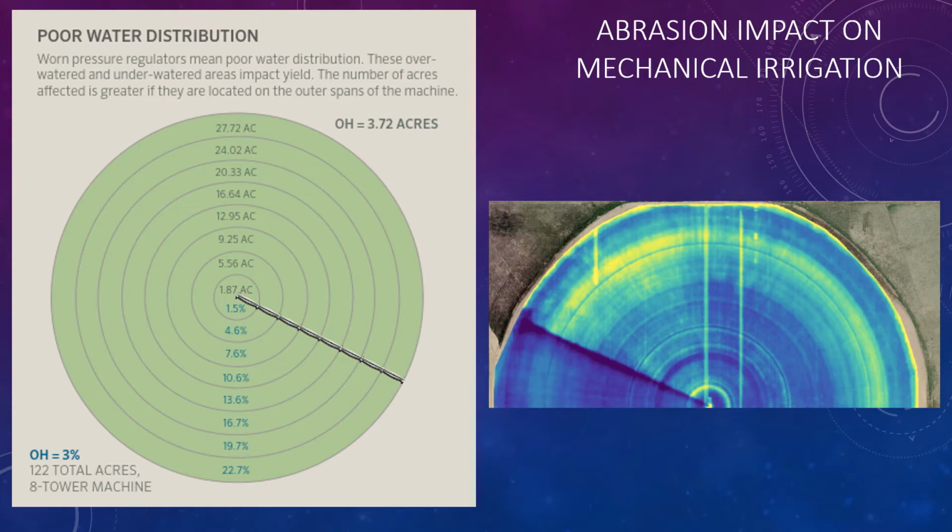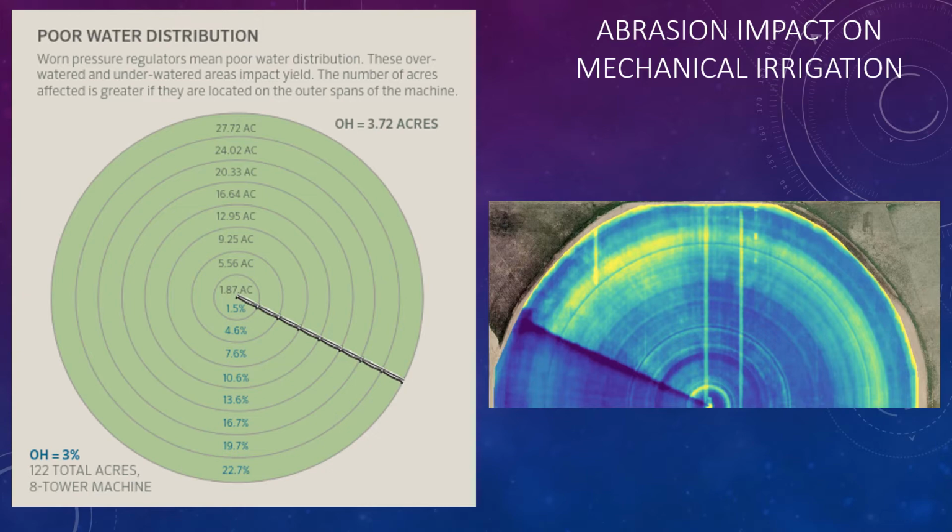But now let's take a look at this aerial photo that shows this huge area here. I've got basically parts of 2 spans, and if we really look at it, the lion's share of that pivot acreage has been compromised due to either plugged emitters or problems with the regulators, and so we're not able to apply the full amount of water.